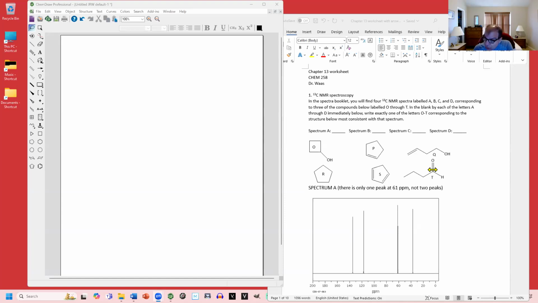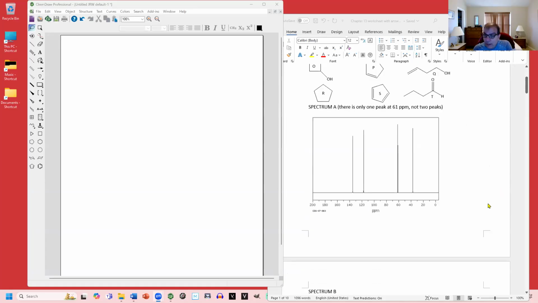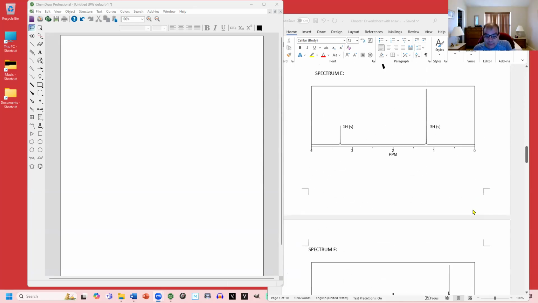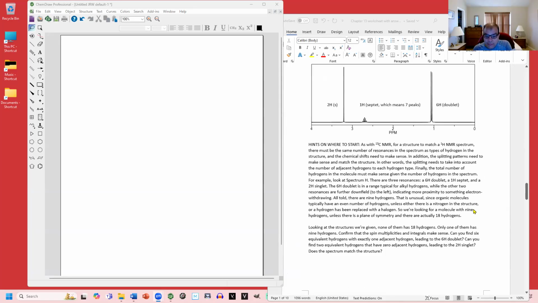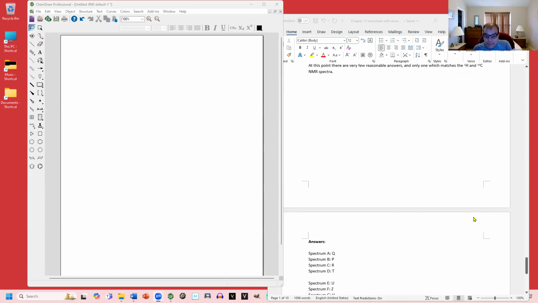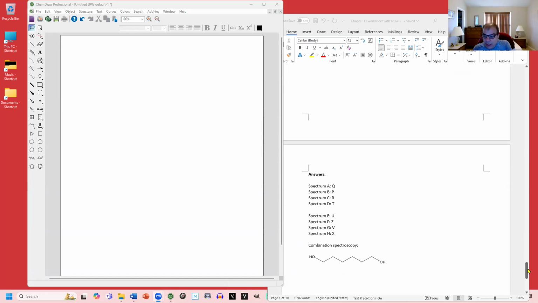But aldehyde and ketone carbonyls are at closer to 200 parts per million. There's nothing there. There is no carbonyl carbon. So it must be compound Q. Just let me double check that before I get too far ahead. Let's see. Yep, spectrum A is compound Q.